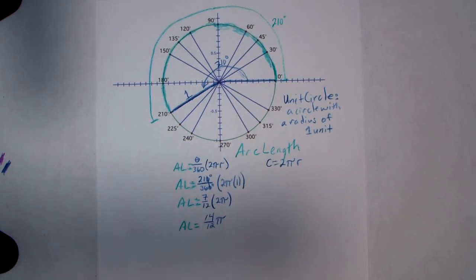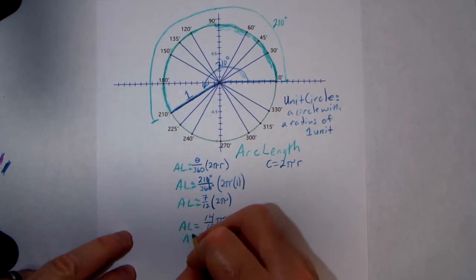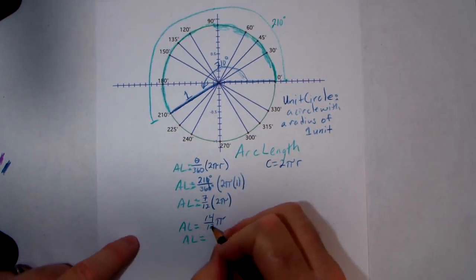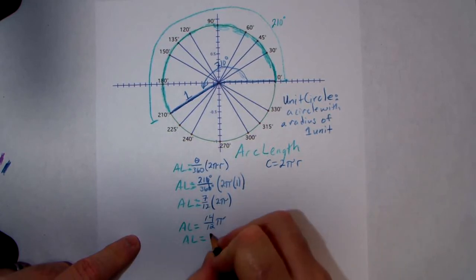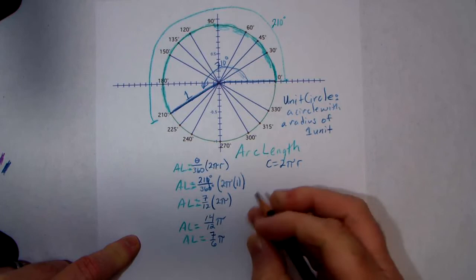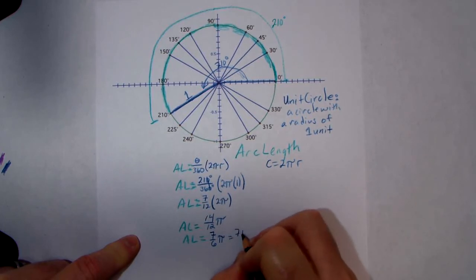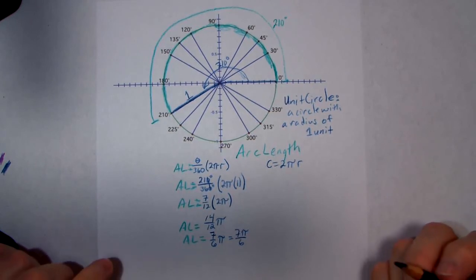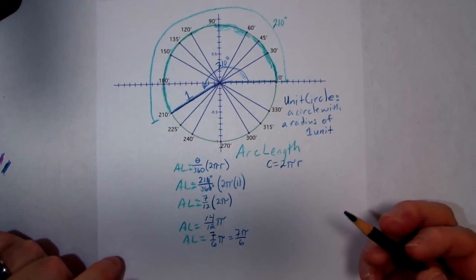Simplifying that one step further, the arc length is going to be, 2 goes into each of those. So I'm going to divide out the 2, and that will leave me with 7/6 pi, which we can also write as 7 pi over 6. You get to choose which one of those you use.